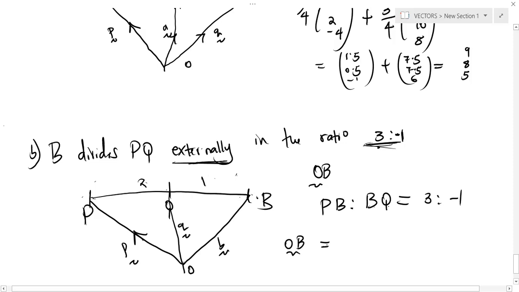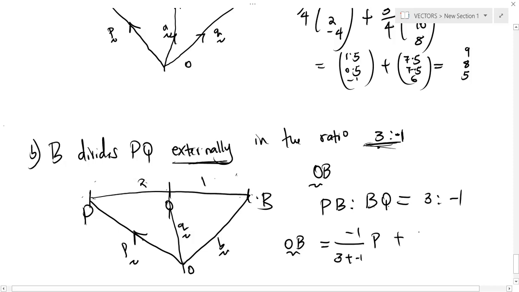So the position vector OB will be given by, if you follow the formula, -1 over 3 plus -1 of P. And what is our P? So we'll write that later.